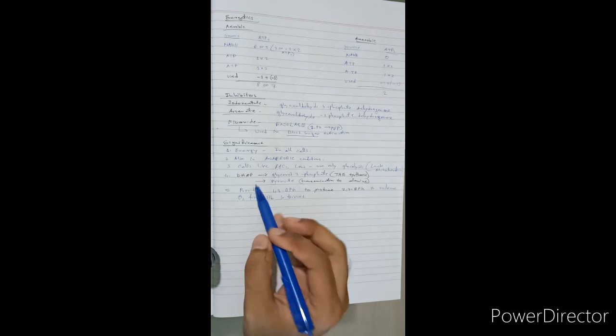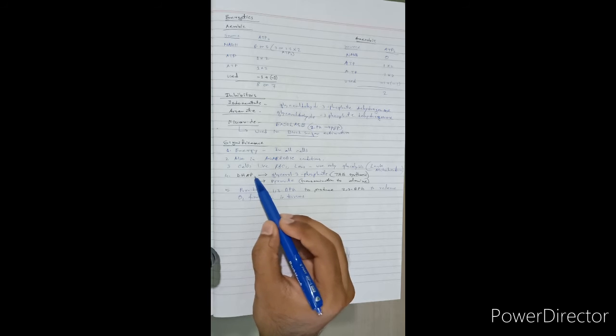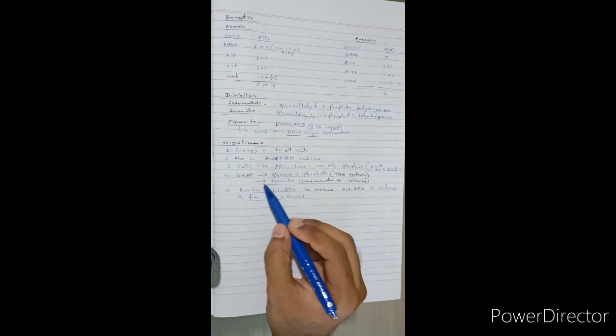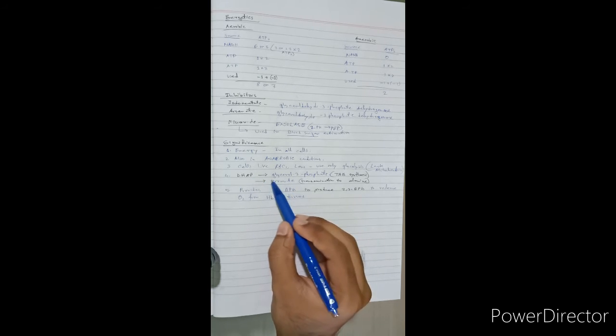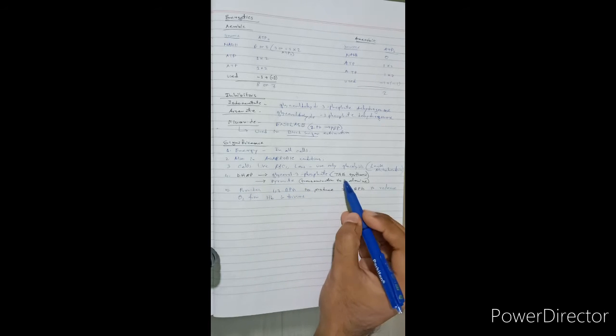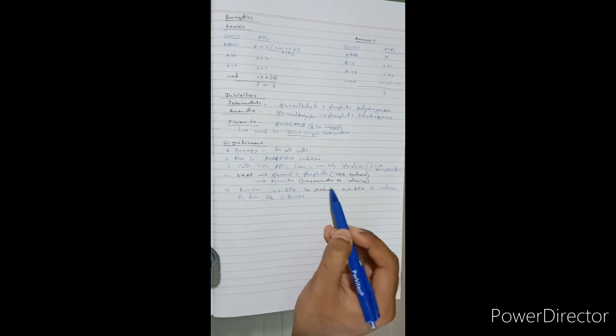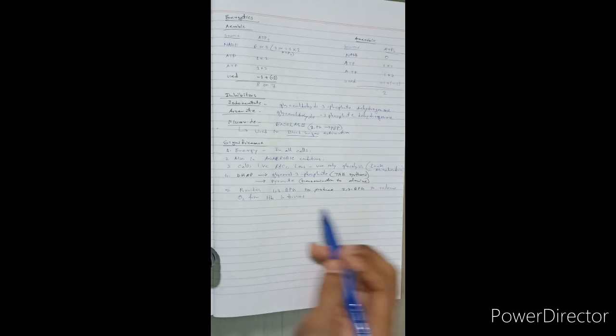And number 4, DHAP, dihydroxyacetone phosphate. This is used to produce glycerol 3-phosphate for TAG, triacylglycerol synthesis, and pyruvate for transamination to alanine.